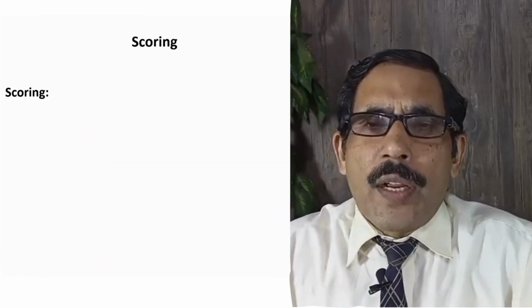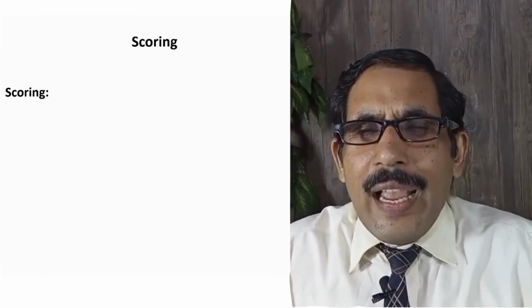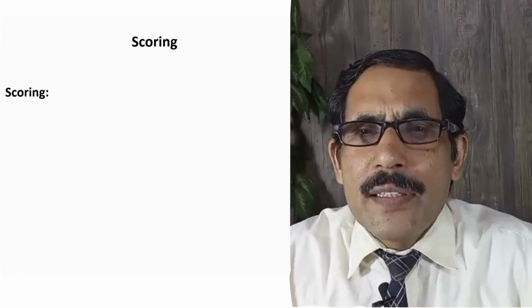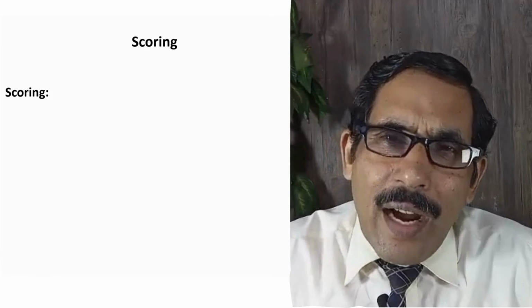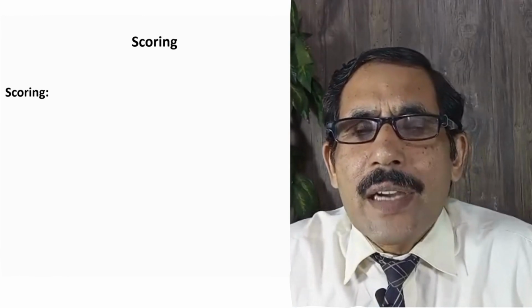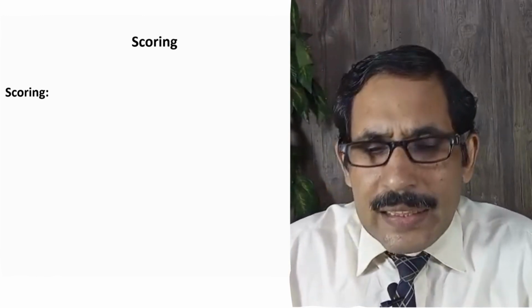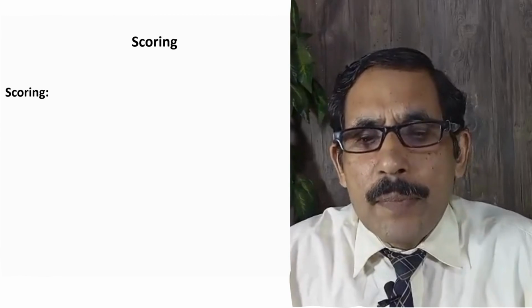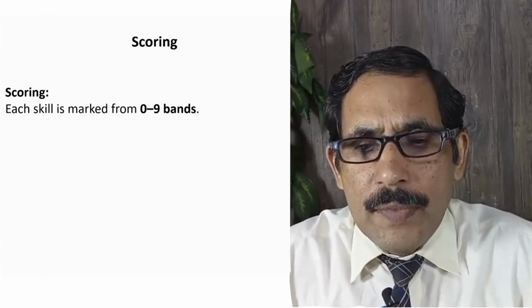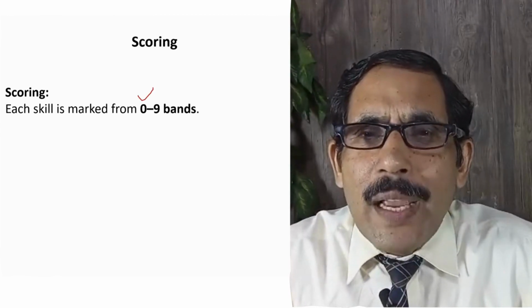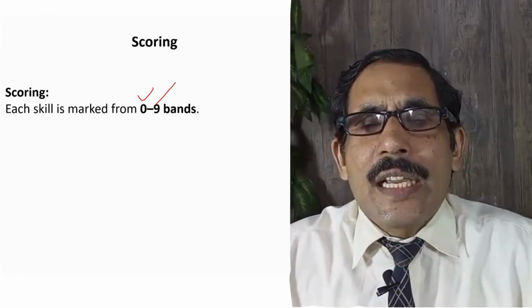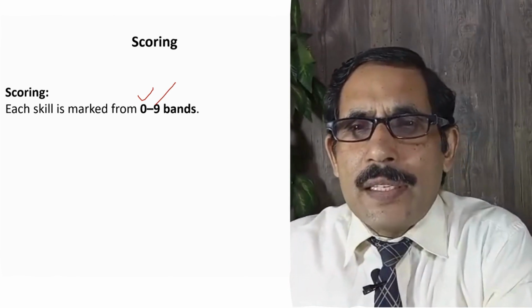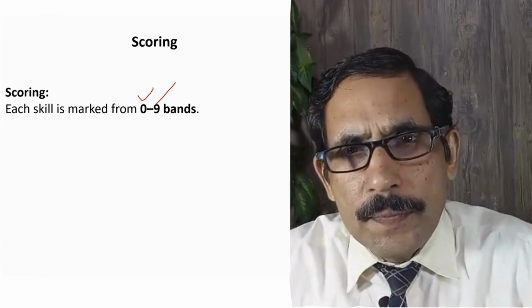If we talk about scoring, as there are grades, A grade, B grade, C grade, in IELTS the score is called bands. These bands vary from 0 to 9. 0 is the lowest band and 9 is the highest band. Each scale has 9 bands, 0 to 9 bands scoring.